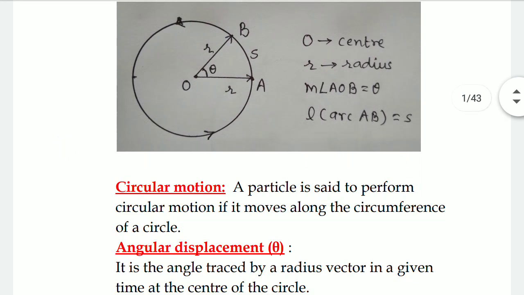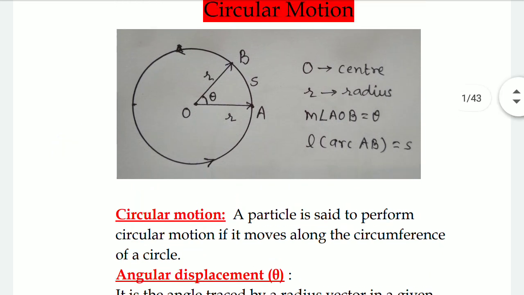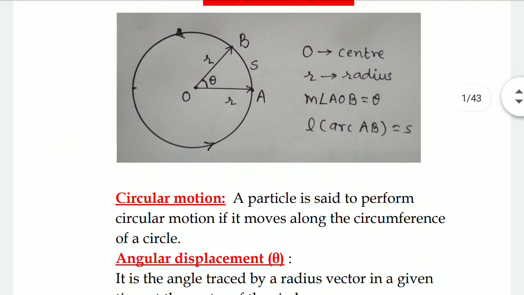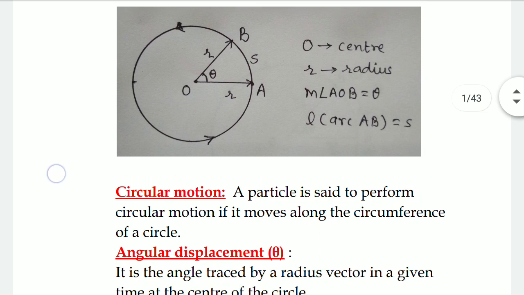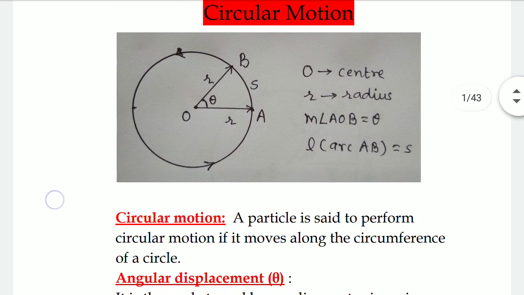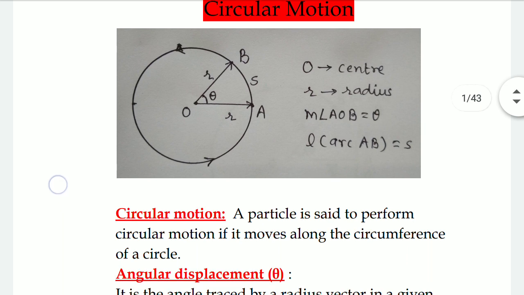What exactly do we mean by circular motion of an object? We will say that the object is said to perform circular motion if it is moving along the circumference of a circle. So here in this figure, we are considering the object to move in the anticlockwise sense, and initially the object was at point A at time t equal to 0.